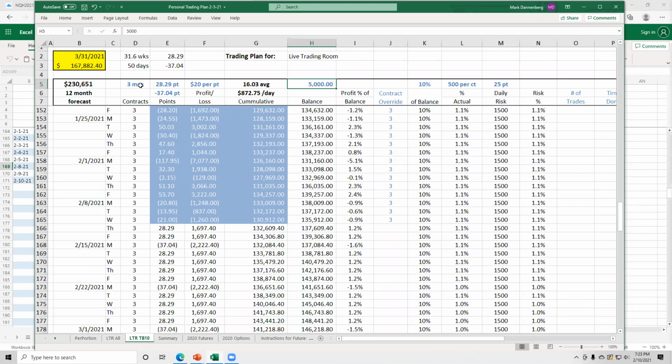The number of contracts that you're trading has a 2-factor limitation. Number one is 10%. 10% of the balance of the account is available to be allocated to the margin requirement for contracts. At the broker that we trade at, Infinity Futures, each contract has a margin requirement of $500.